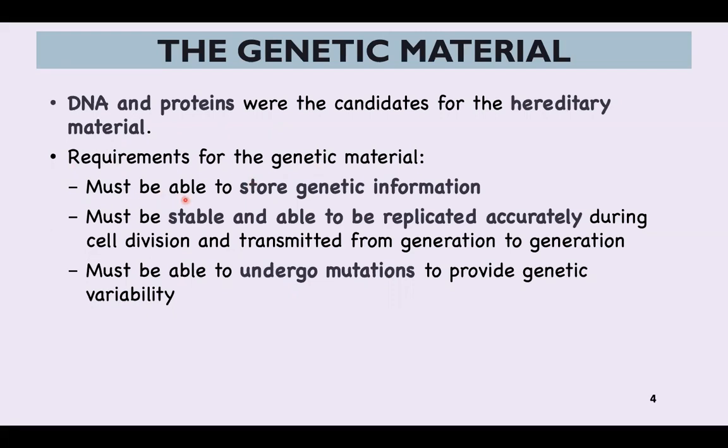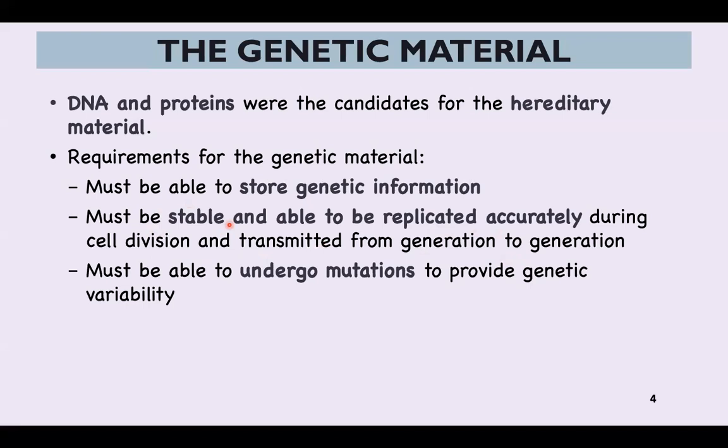They must be able to store genetic information. Only then can it be called a genetic material. They're able to store the genetic coding or the genetic information. Next point, it must be stable and able to be replicated accurately during cell division and transmitted from generation to generation. It must be stable.